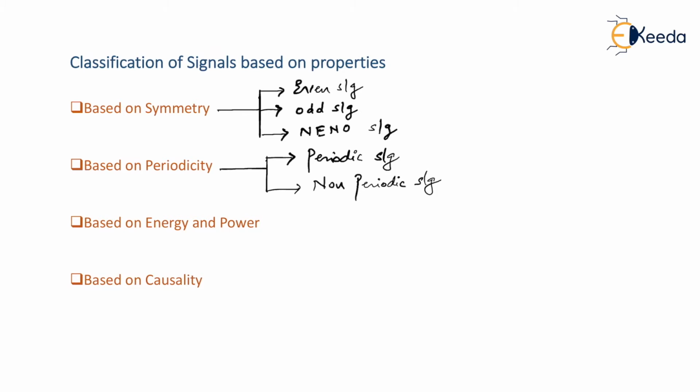Sometimes non-periodic signals are also called aperiodic signals. Depending upon the value of its energy and power, we again have two types of classification: energy signal and power signal.